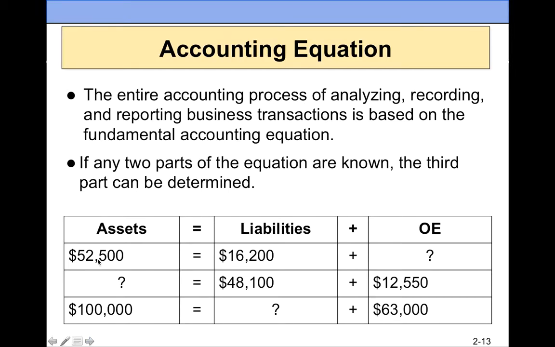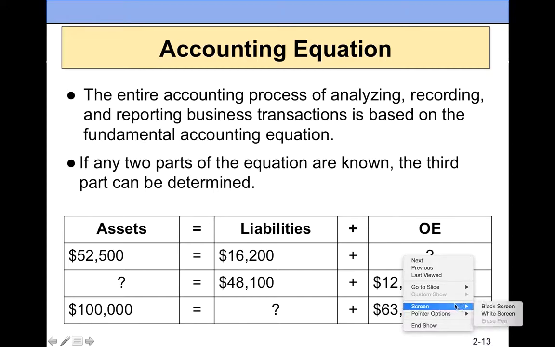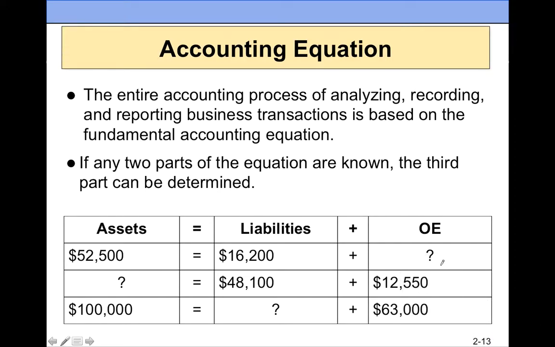If my assets are 52,500 and my liabilities are 16,200, so how do I calculate my owner's equity? I have to subtract, right? Assets minus liabilities, $36,300. So I just subtract liabilities from assets.